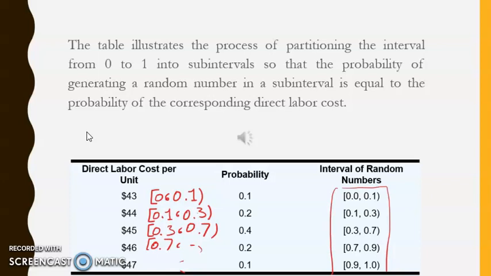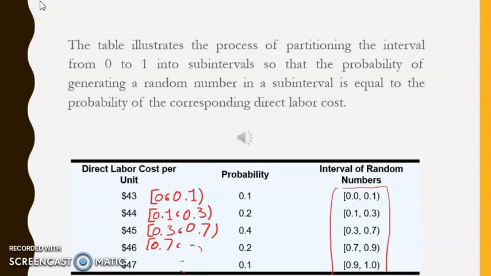So to create any sort of discrete distribution, first you sort the values: 43, 44, 45, 46, and 47. In the previous slide, we had only 10 and 15. We sort them. After that, you check the probability.